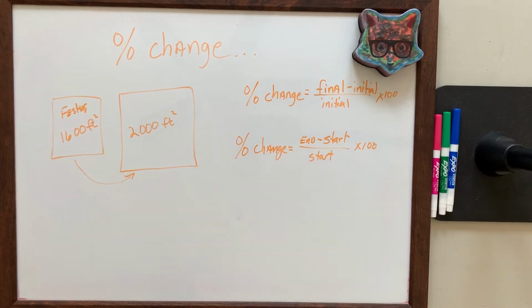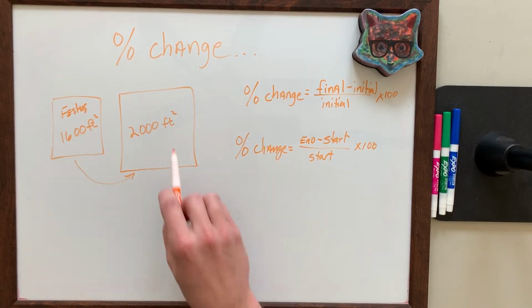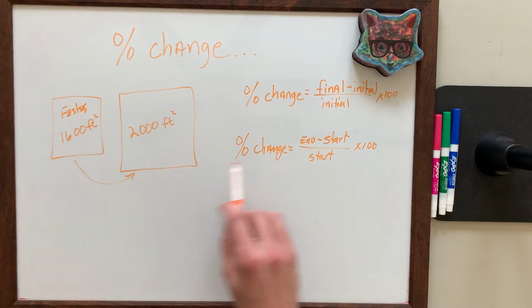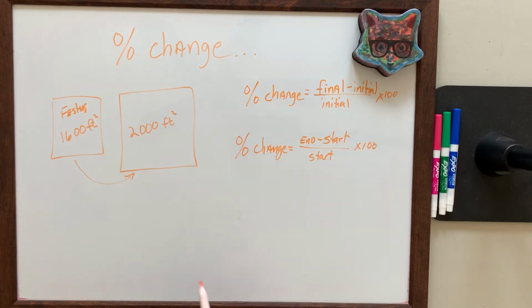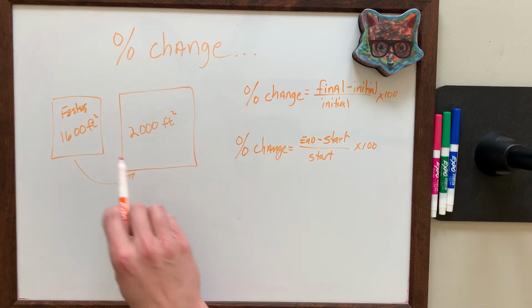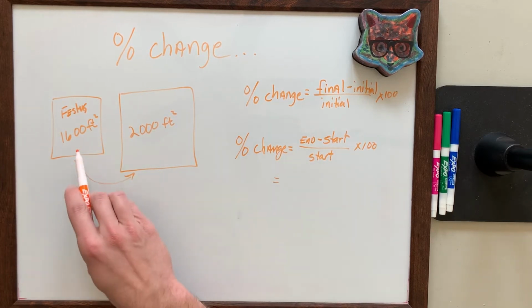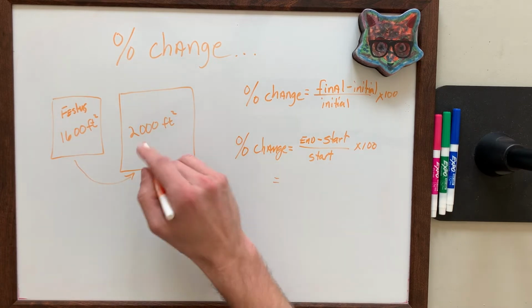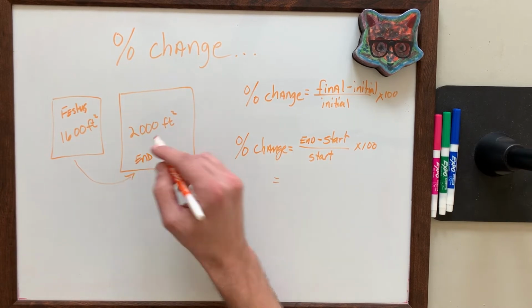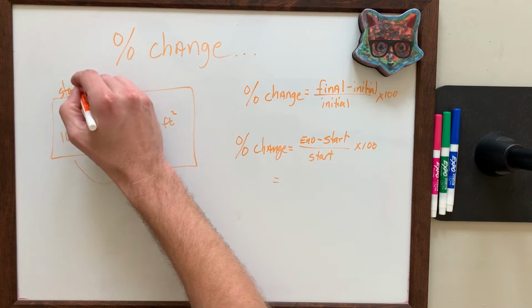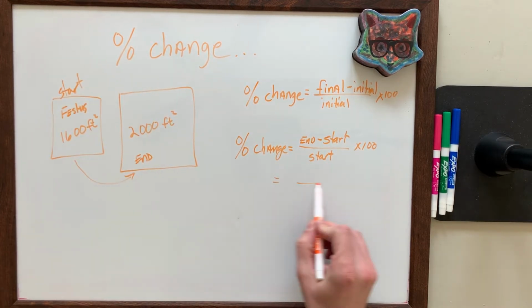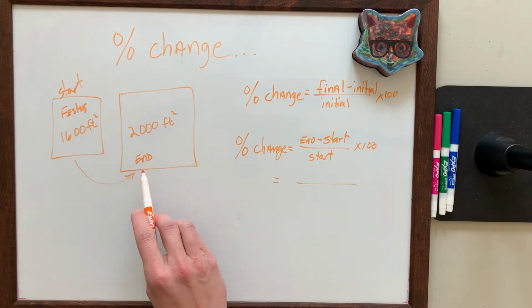That way you can take a math problem, write it as a story, and then learn how to use this. Let's look at this case where Festus is moving houses. He started in this house, and he ended in this house. End and start. So we're going to fill out this formula with the information.